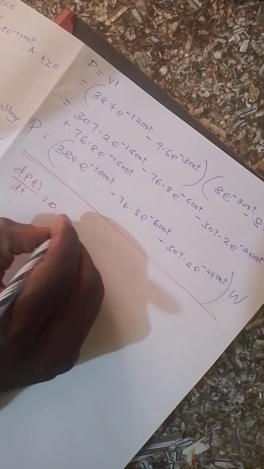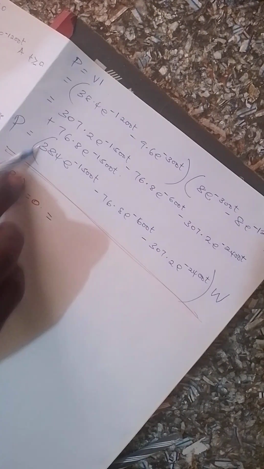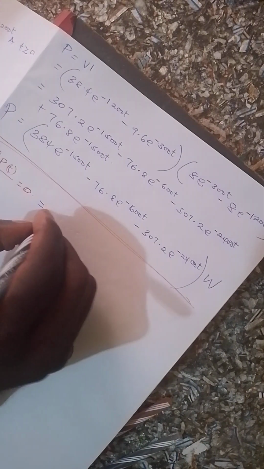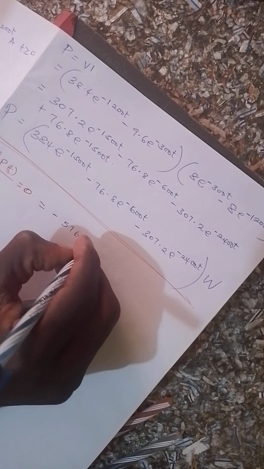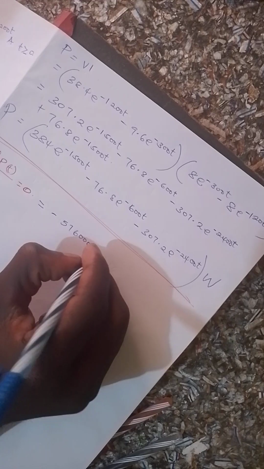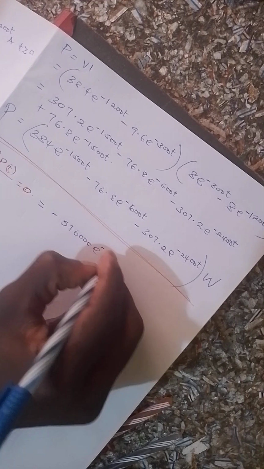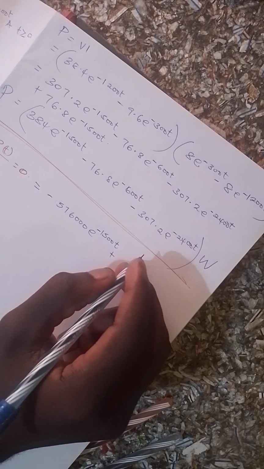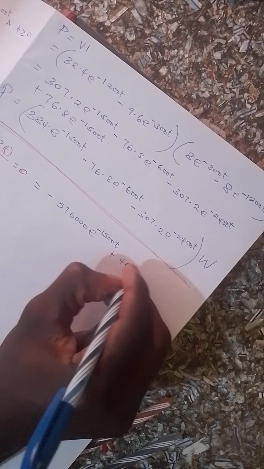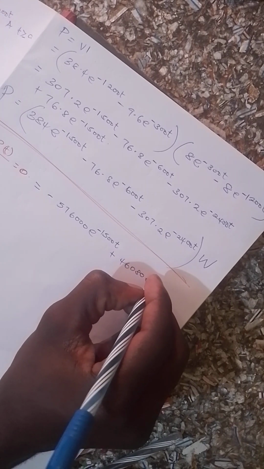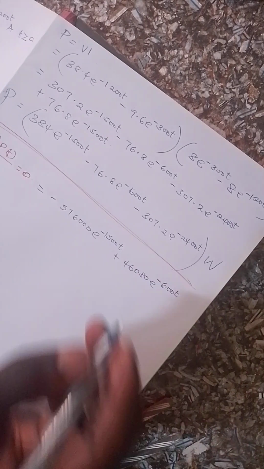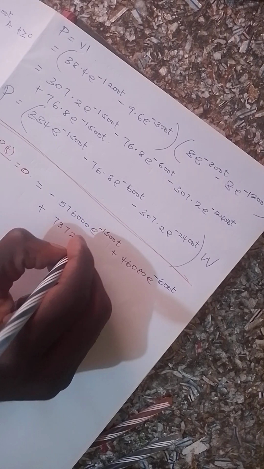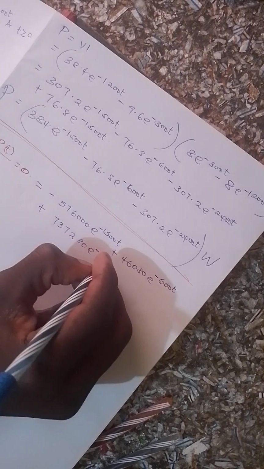Checking through this, we will have the derivative of power to be negative 57600e^(-1500t), then plus 46080e^(-600t), then plus 737280e^(-2400t).